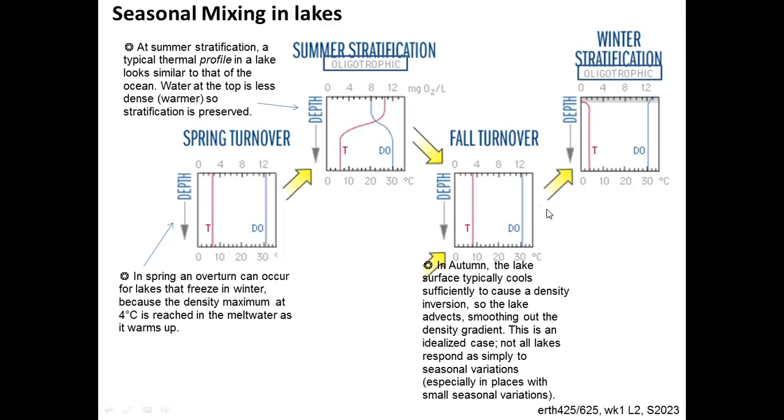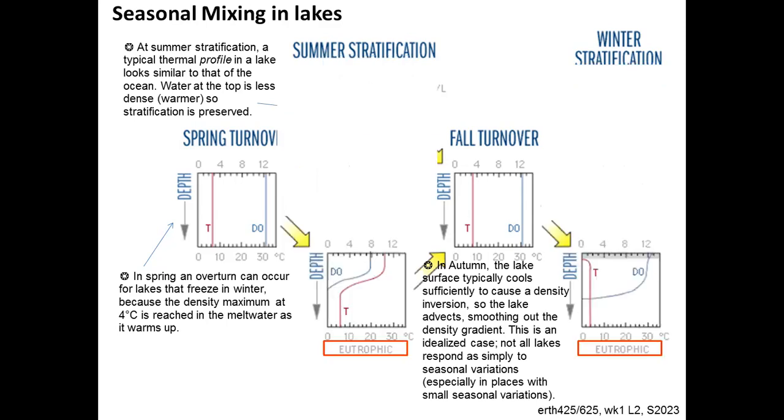Then we go into the fall overturn, and again, everything's mixed and homogeneous with depth. And then during the winter overturn, you can see the temperature profile and a slight uptick in oxygen associated with the somewhat lower temperatures in the upper part of the water column. Now, it's very different in the eutrophic lake with all the biological activity. During the two turnovers, we have the same condition, but during stratification, whereas the temperature profile looks exactly the same as it did on the preceding slide, we now see the oxygen concentration go down to 0.